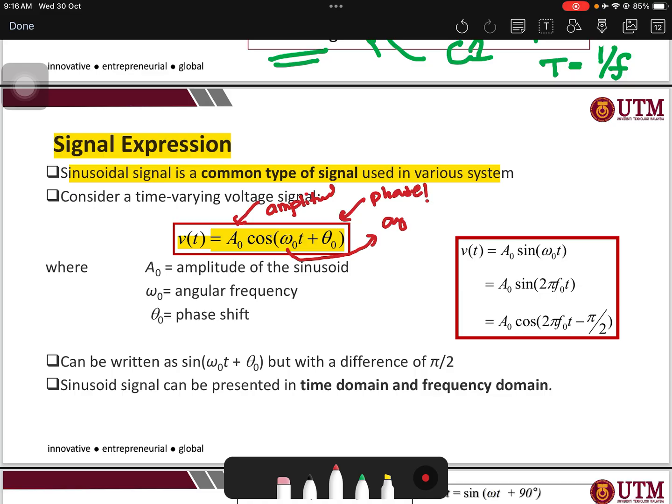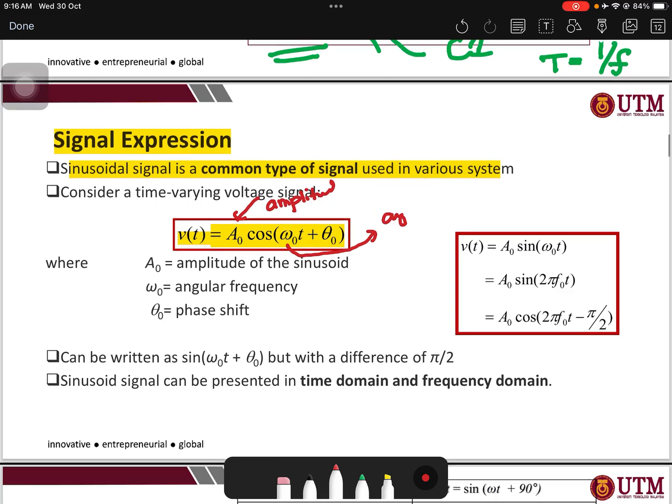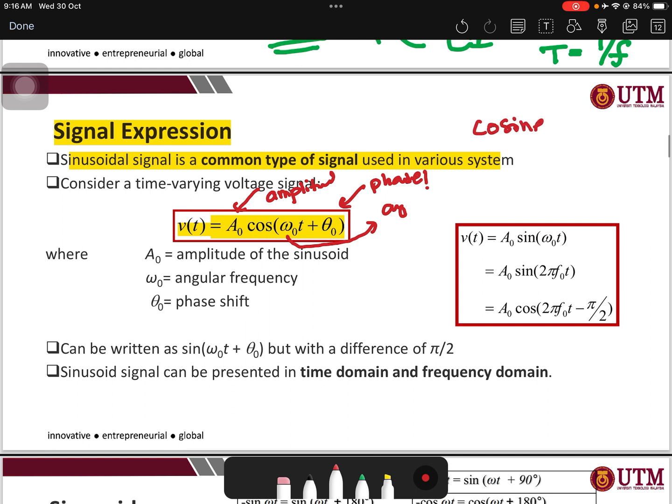This one you have learned in your electrical circuit analysis. Commonly we express our signal in cosine, but we can also represent our signal in sine. But preferably, in this system, you have to express the signal in terms of cosine.